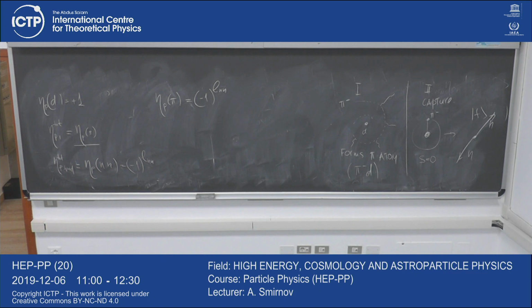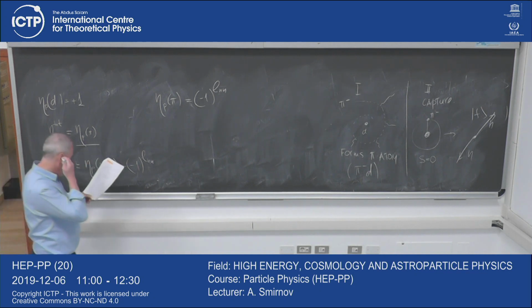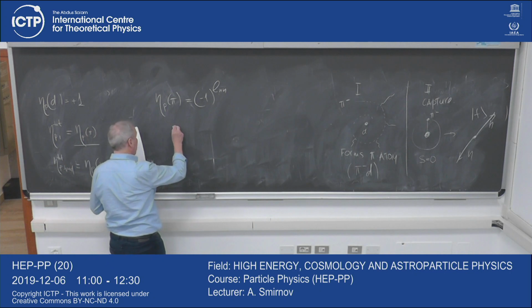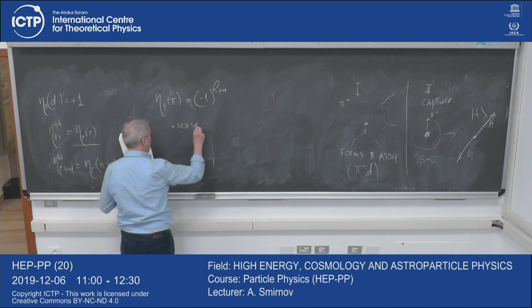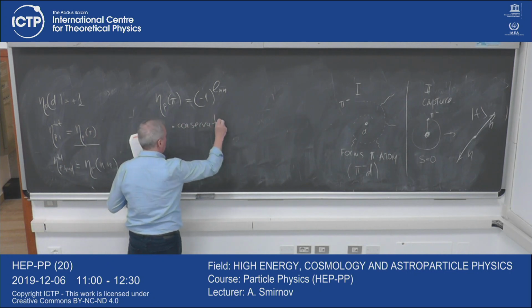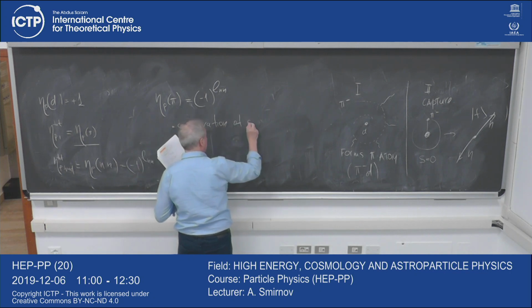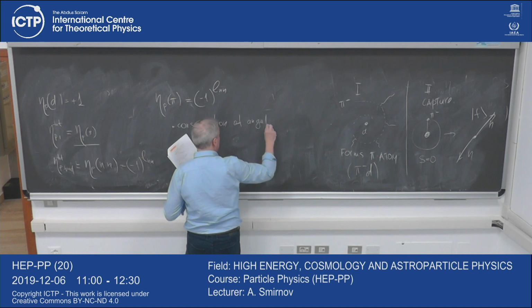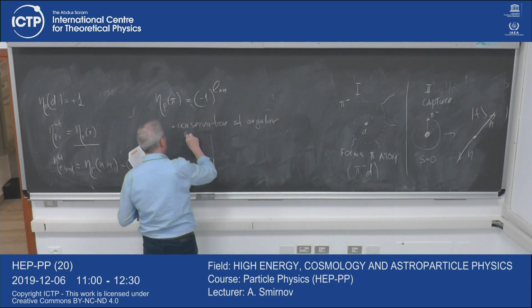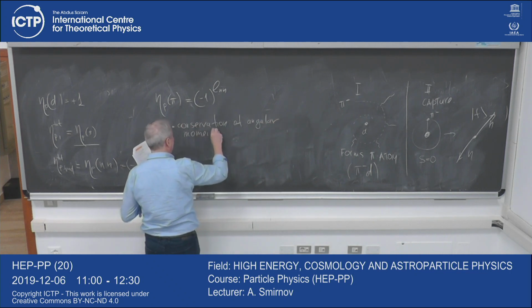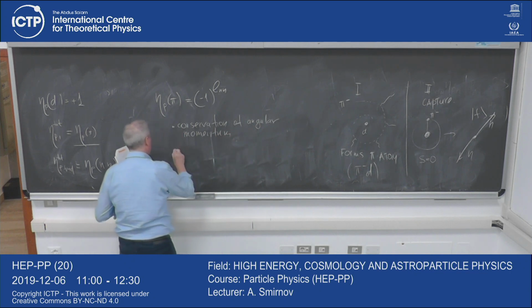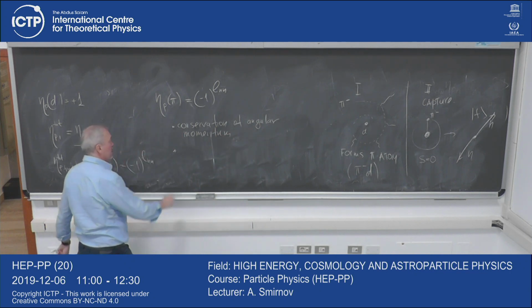So you need to establish what is the orbital motion of neutrons in the final state. And for this, what people used is conservation of angular momentum, and Pauli principle.